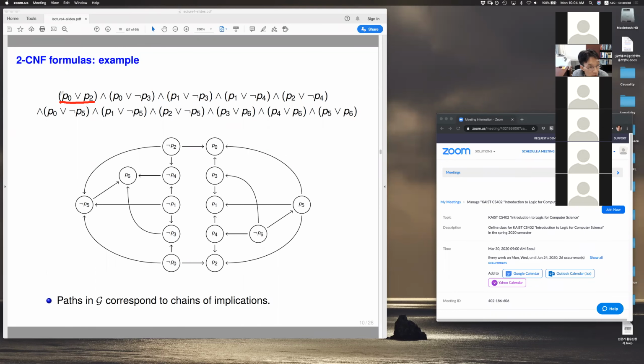One is not P0 goes to P2. Another is the contrapositive, in Korean called 대우, which is not P2 goes to P0. So it always comes in pairs.